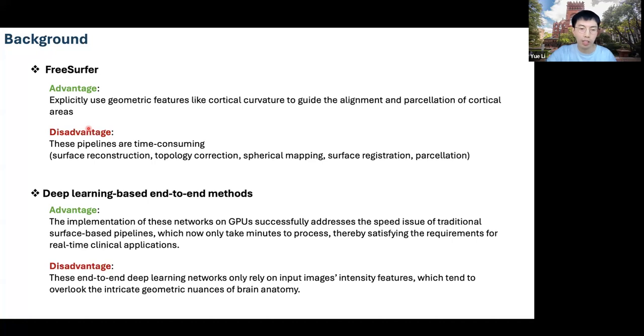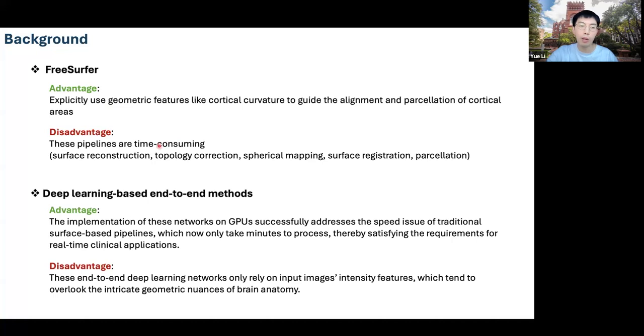If we only consider the intensity feature, it is very hard sometimes to distinguish or to segment the different subregions because there is no clear boundary in between. But if we consider more about the geometric feature, it will help us to locate the specific location of that subregion and improve the segmentation and parcellation results.